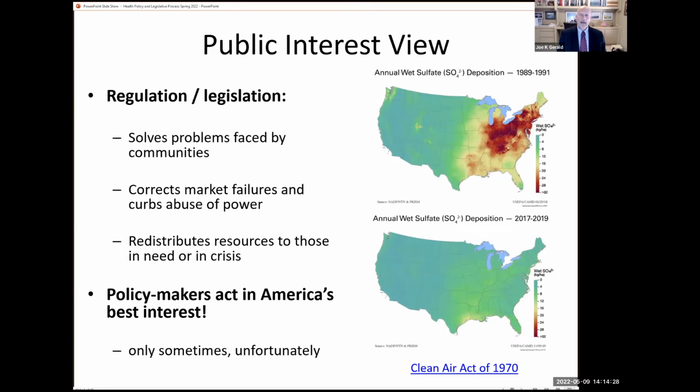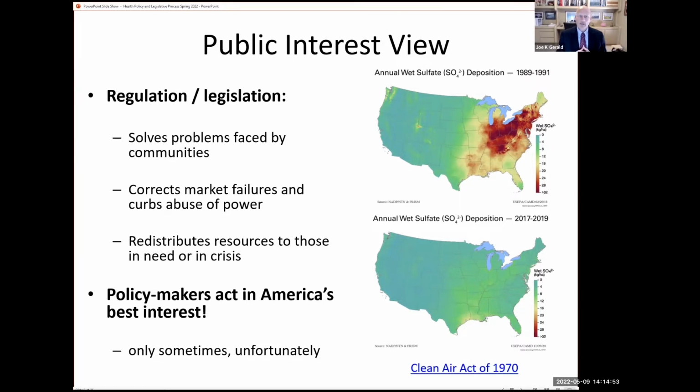Okay, and so getting back to this question of, if the general public on average dislikes regulation, why is there so much regulation? One perspective is the public interest view of regulation. From this perspective, regulation or legislation seeks to solve problems faced by communities.